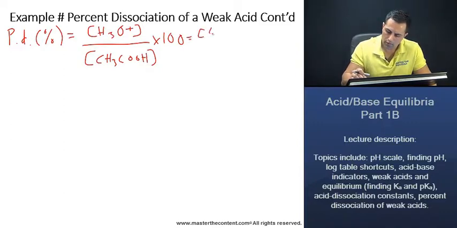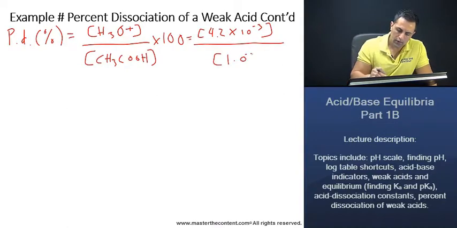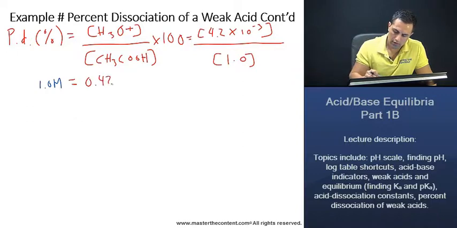So this is going to be 4.2 times 10 to the power of negative 3 over 1.0. This gives us, and again, this is when the concentration was 1.0, a value of 0.42%.